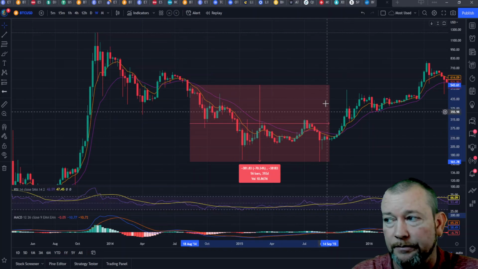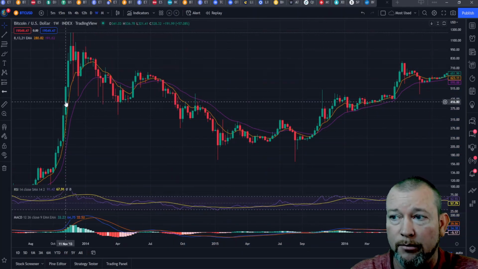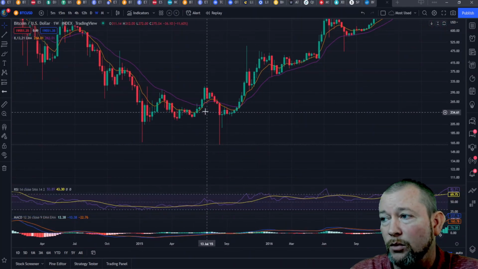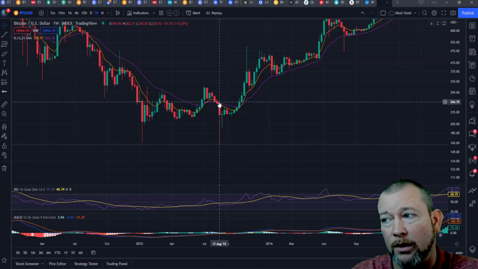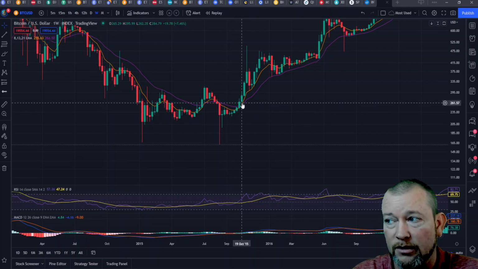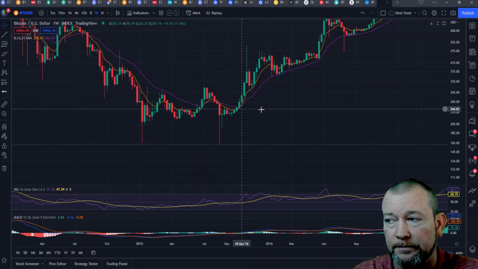Bear markets take a while. The bear markets are almost twice as long, if not more, than the bull markets. That's just how history is. So if we wait, we would get in here again and quickly get back out, right? We might lose 5%, 7%, no big deal, because when it finally does turn into a bull market again, we're going to make so much that those tiny losses are nothing.